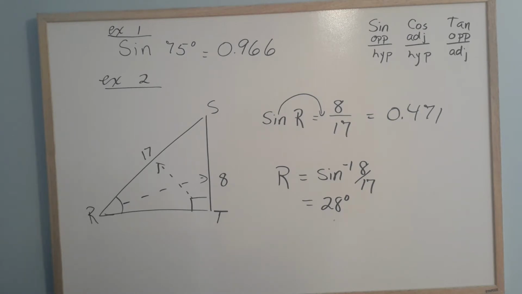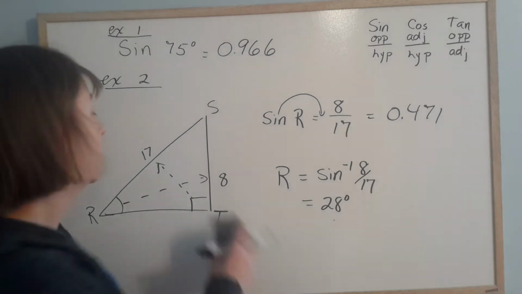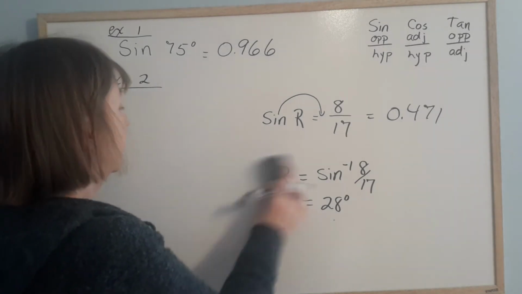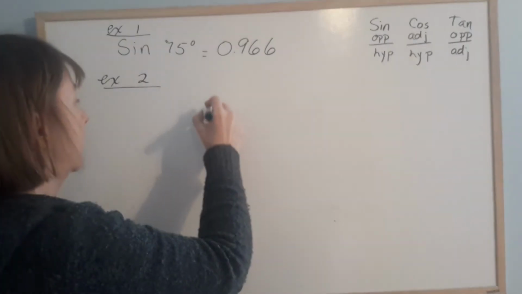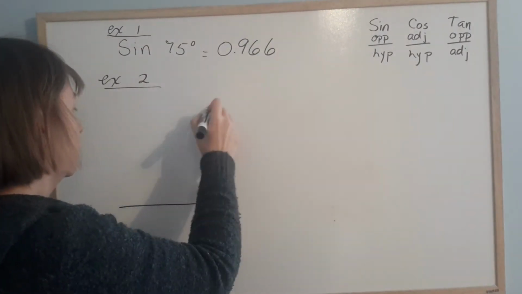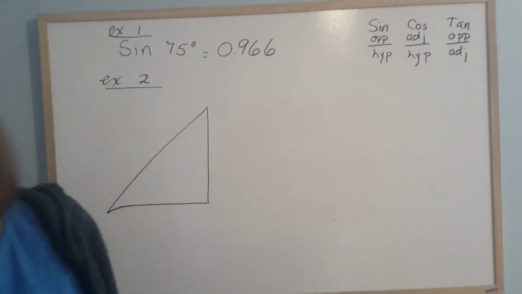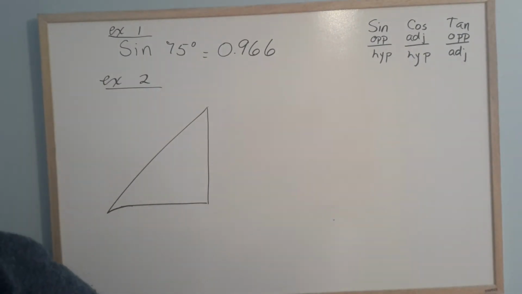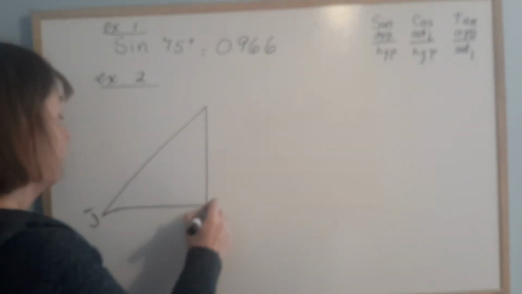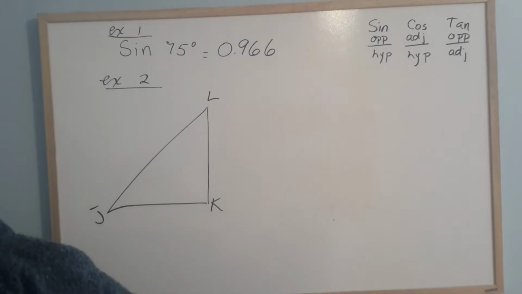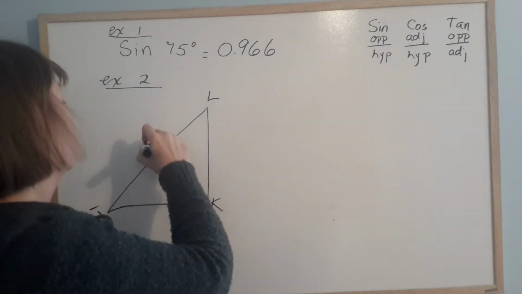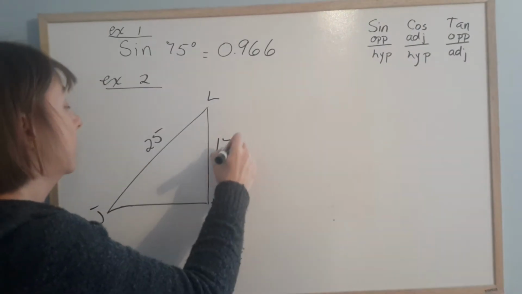Let's see if I can find them. Sorry. There they are. 25 and 17. So it gives you another triangle, with J, K, and L. It tells you that this is 25 and this is 17.